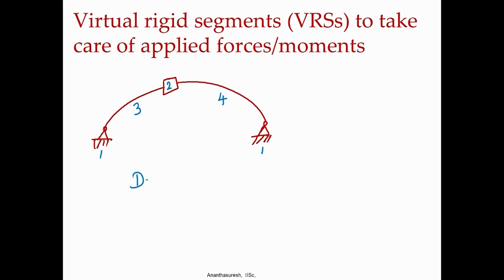Now, if we do the degrees of freedom formula for this one, we have 3 into 4 minus 1, minus 2 joints are still there, that is 2 times 2. There are no compliant ones, that is 0. Number of fixed connections, there are no compliant pairs, that is all 0 here. And then fixed connections 3 times, we have 1 and 2 here. So, that is 3 times 2.